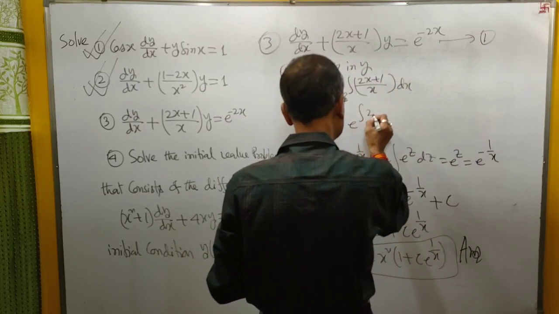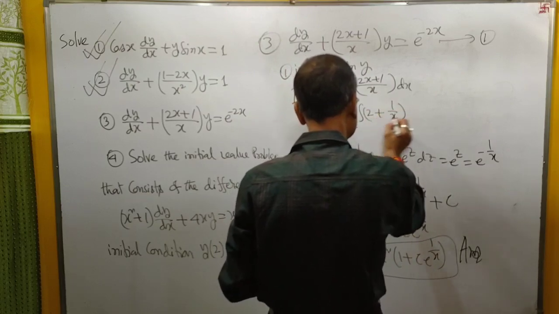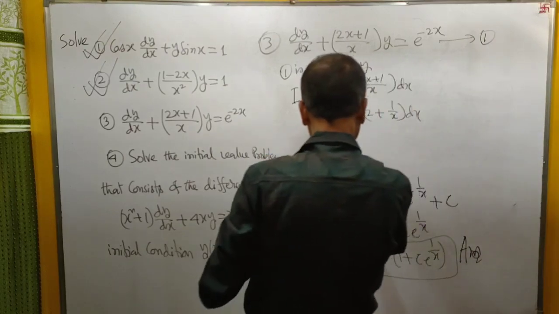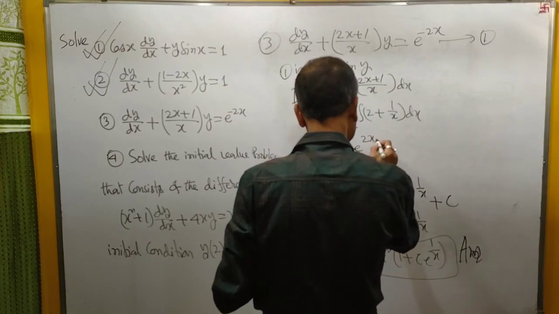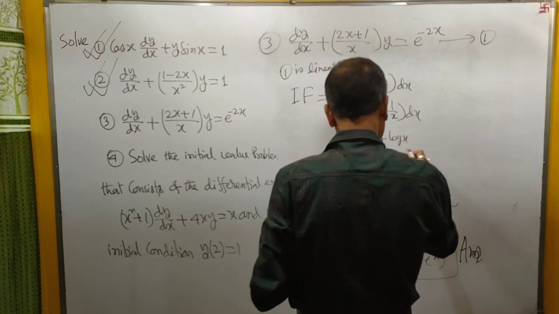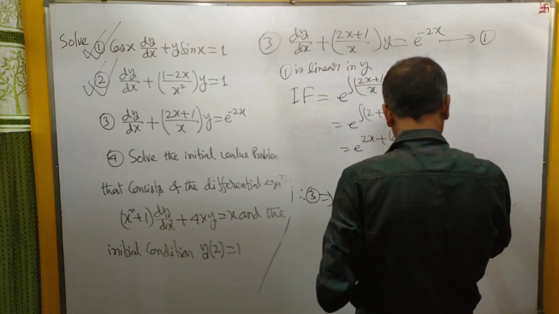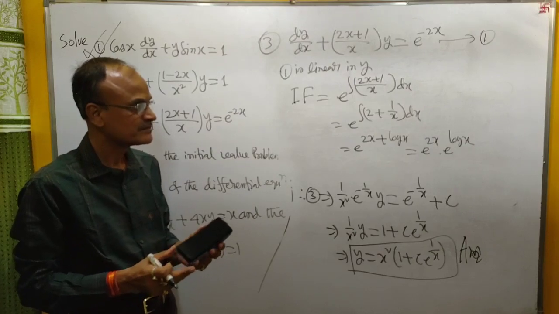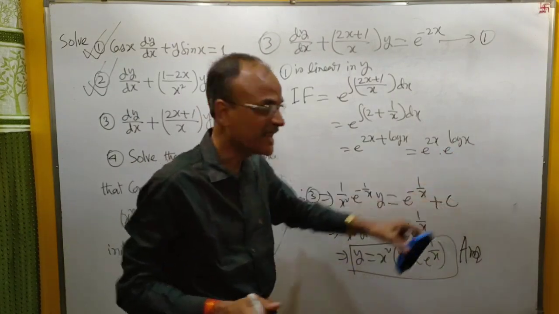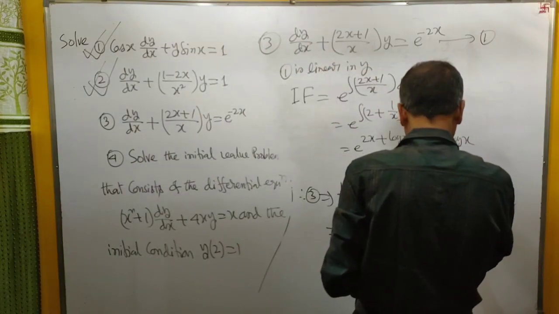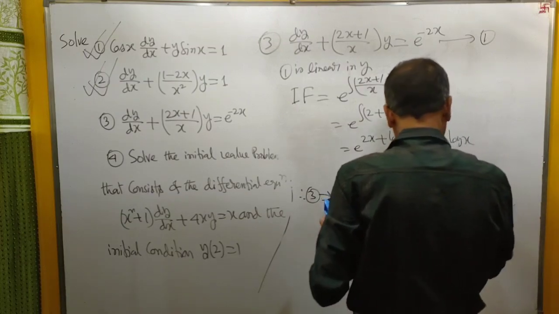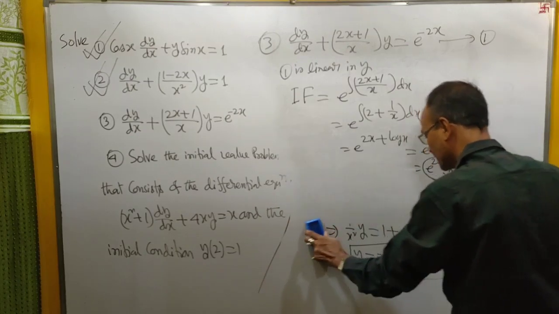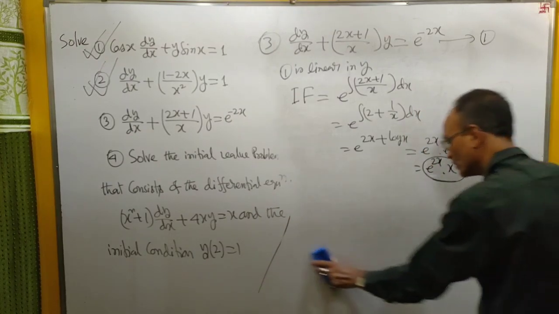This is equal to e to the power integral of (2 plus 1 by x) dx. This is equal to e to the power 2x plus log x, which is e to the power 2x into e to the power log x. You may write like this. E to the power log x means x. This is equal to e to the power 2x into x. Here the integrating factor is x e to the power 2x.